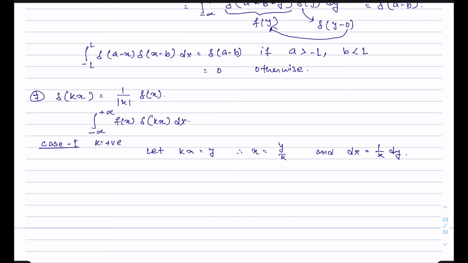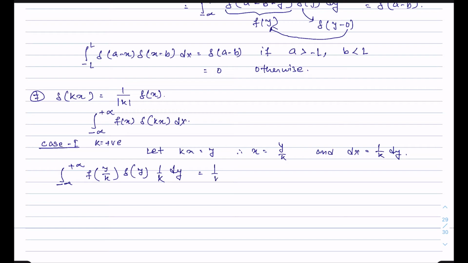So our integration becomes minus infinity to plus infinity. The limit will remain the same. F of, now x will be replaced with y by k, delta, and in place of kx we will write y, and dx will be replaced with 1 over k dy.